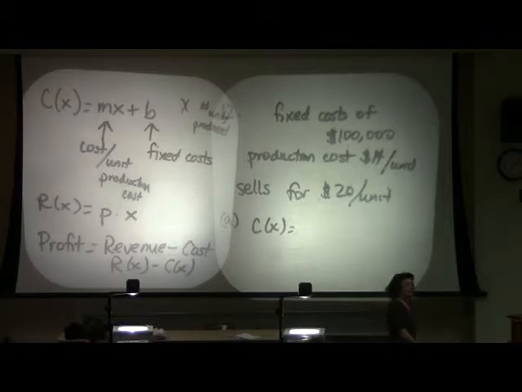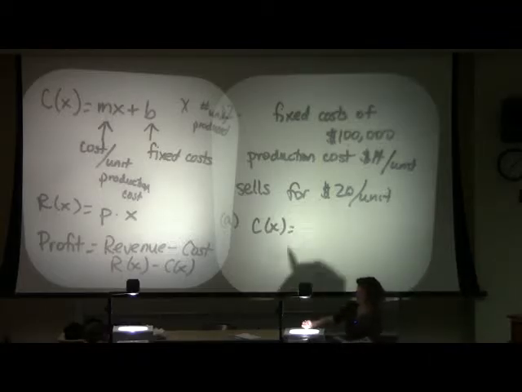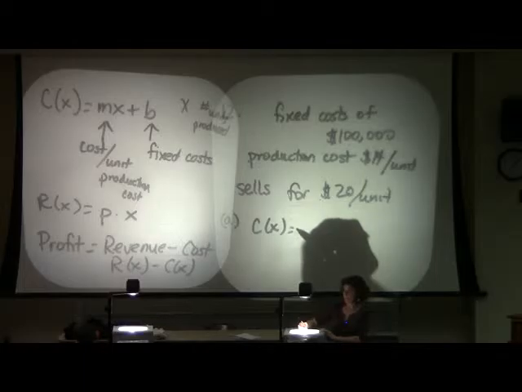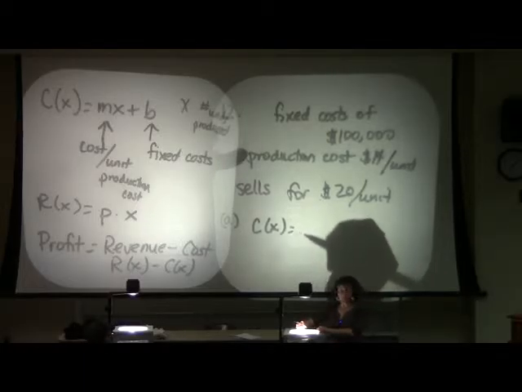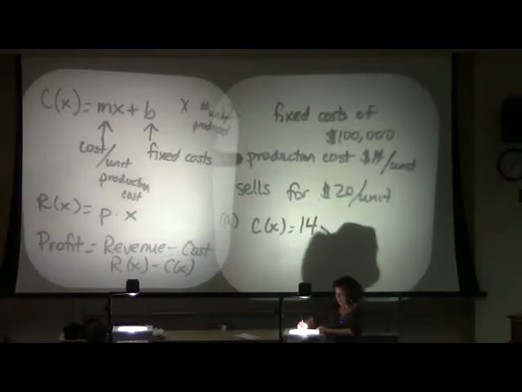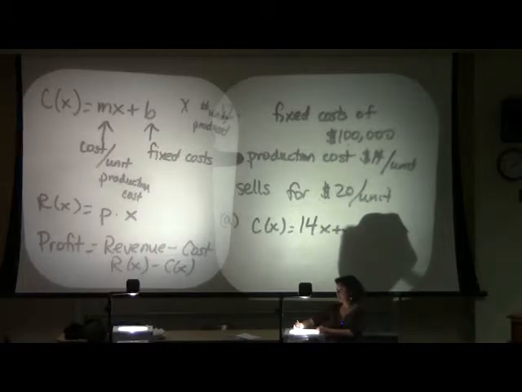Can we write an equation for our cost function? Yes. Okay? These are linear. You guys, what is my value for M here? How much does it cost us to make each unit? 14x, and what are my fixed costs? 100,000.